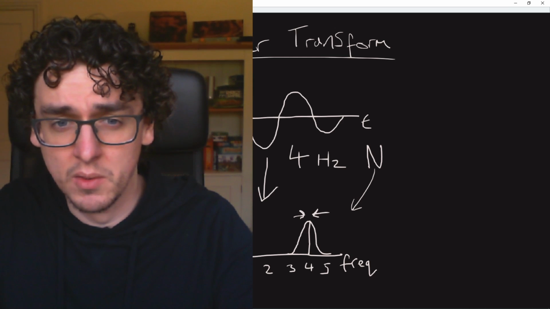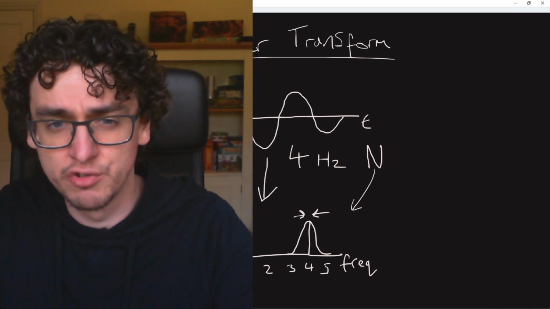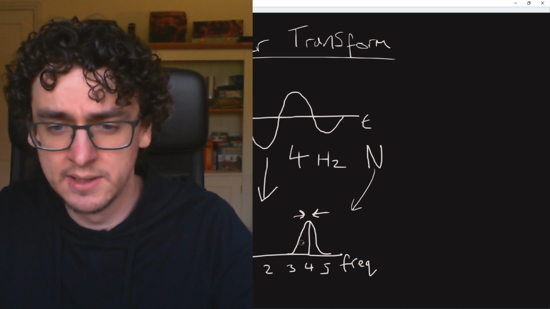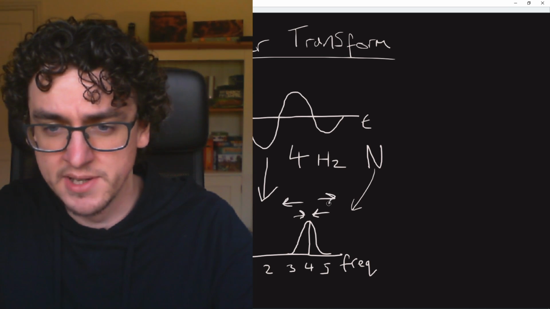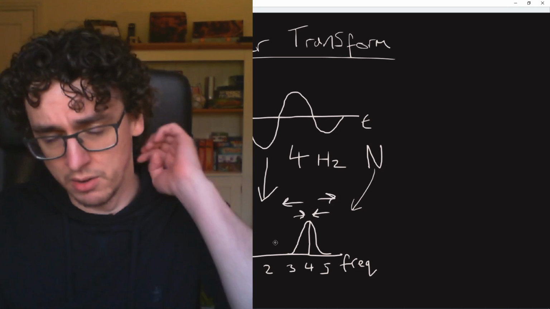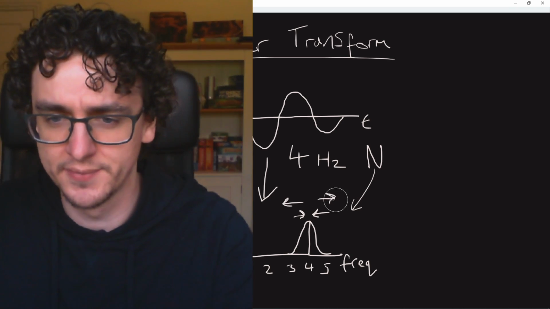Obviously, if we're analysing just a short amount of samples, then we're going to get a larger curve representing a larger uncertainty over what the frequency could be.